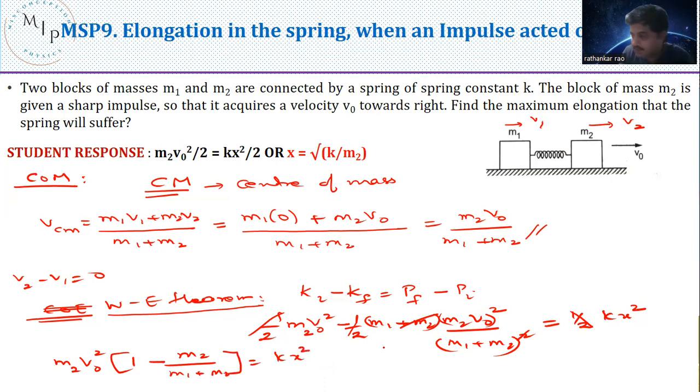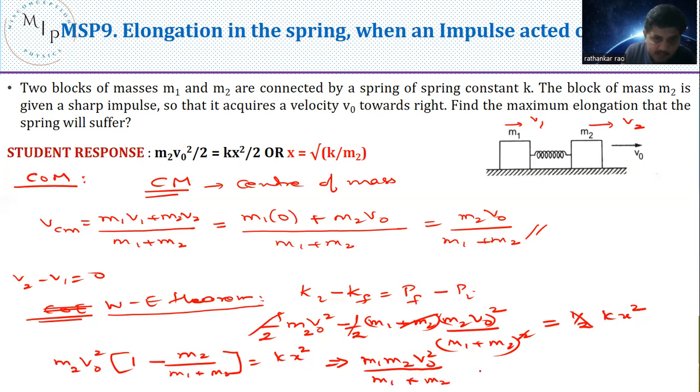Did I miss anything over here? No, I did not miss anything. Now if I take the LCM here, this will be m1 plus m2 minus m2, which would be m1 m2 v0 square. You can take your paper and pen and solve it, so you get the correct answer.